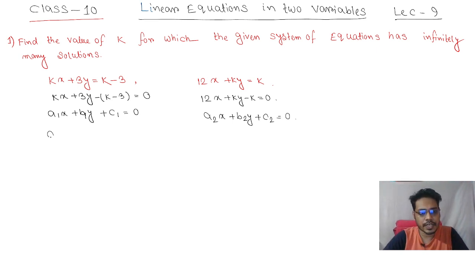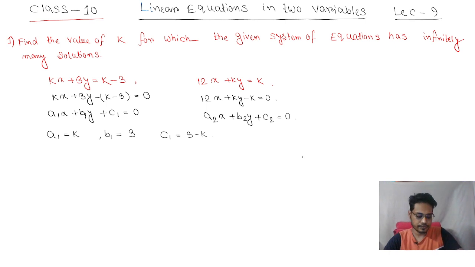If we compare, you will get a1 is equal to k, b1 is equal to 3, and c1 is equal to minus of (k minus 3), that means 3 minus k. Now that is from equation number 1.